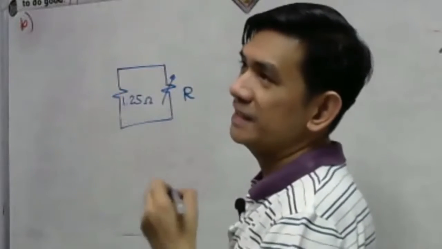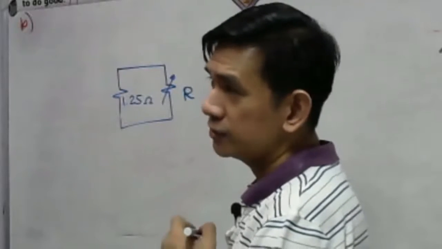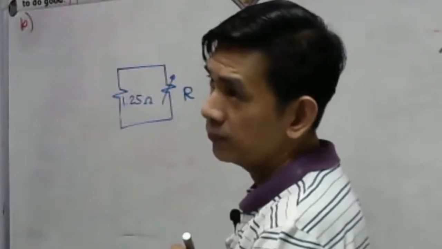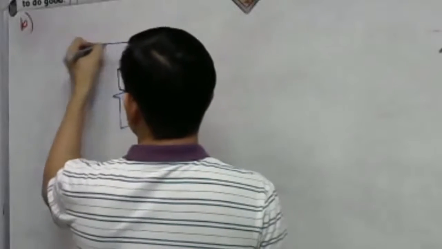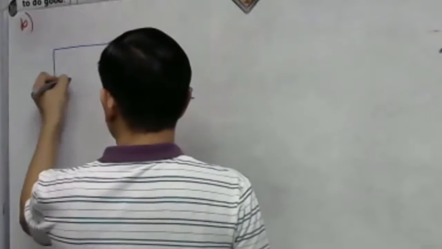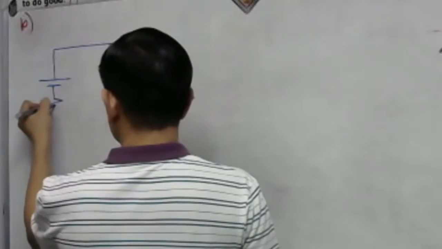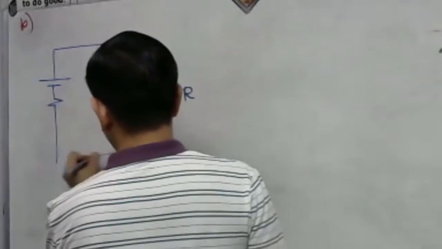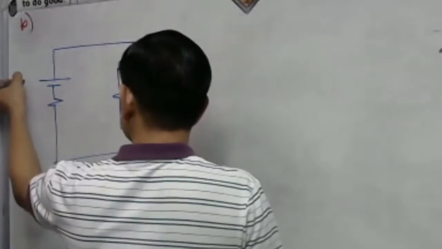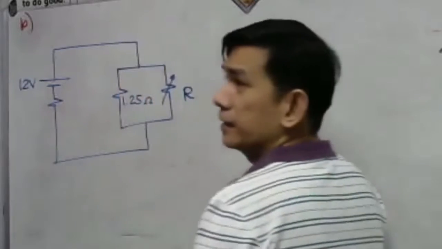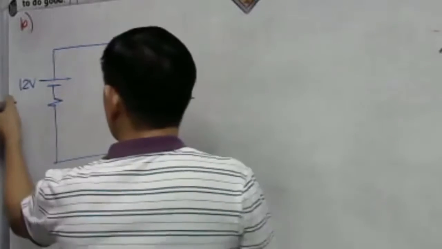The combination is then connected across 12 volts battery with internal resistance. So we have here a battery. It has an internal resistance, 12 volts battery, and then 0.25 ohm.